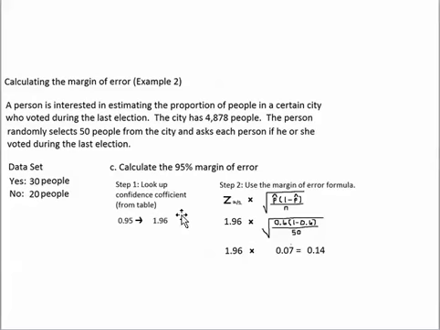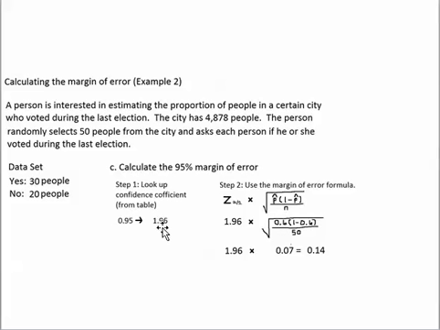I said earlier that this is the formula that's used to calculate the margin of error. When you have a sample proportion, it's the z coefficient times the standard error. And just like before, when you're calculating the 95% margin of error, the z for 95% is 1.96.